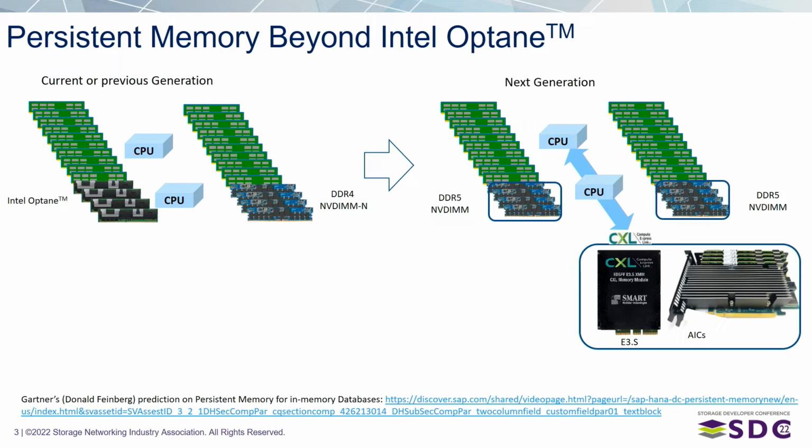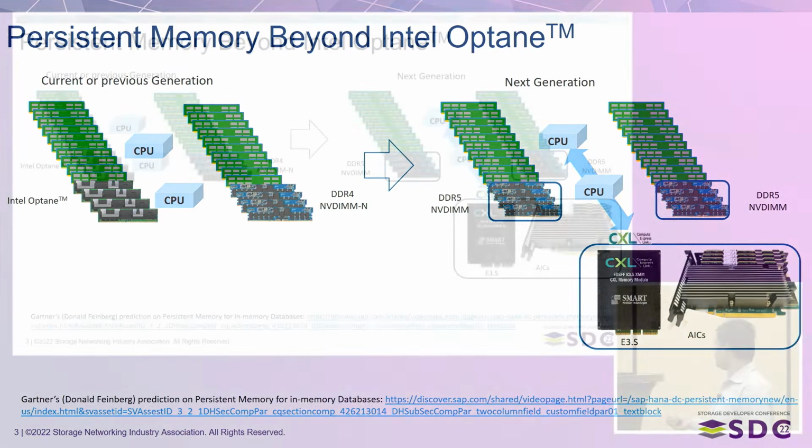With CXL, what it brings is you extend the memory channel on the serial attached interface. This is where new types of form factors are playing an important role. So persistent memory, which is maybe slightly slower or can have lower capacity, can be moved onto a serial bus. This is where CXL comes into the picture.